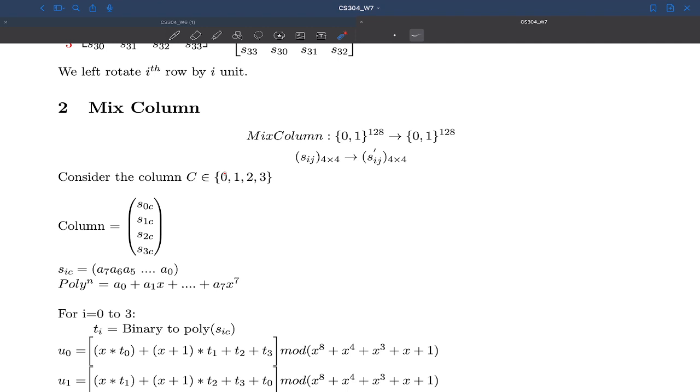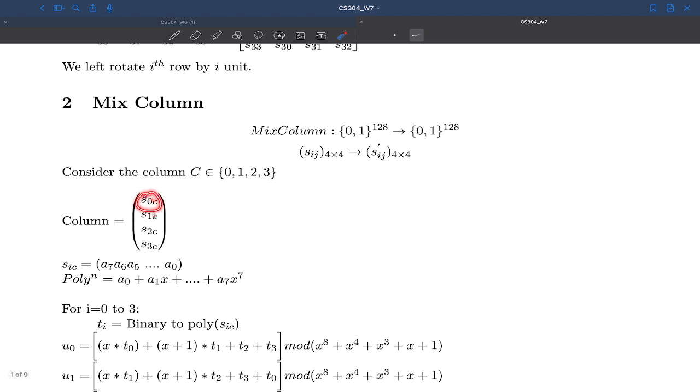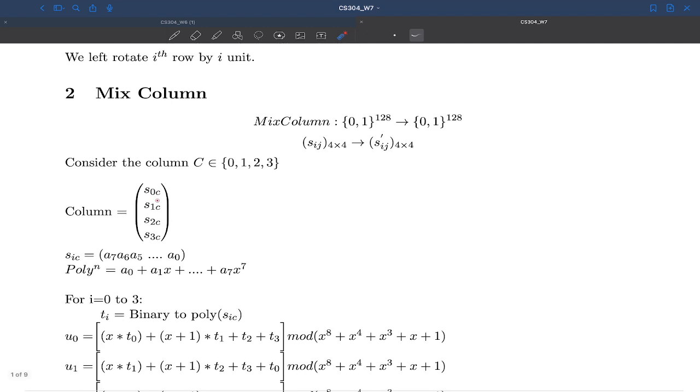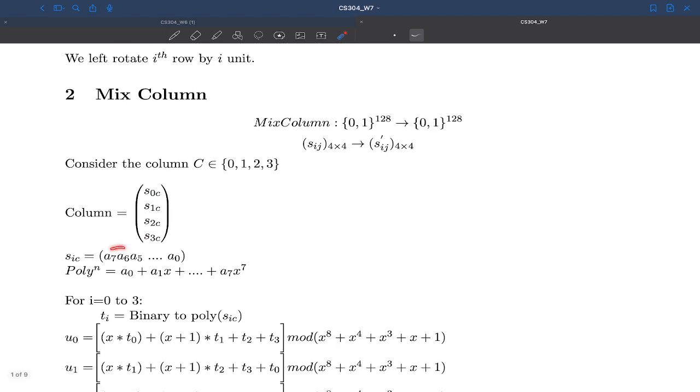So how to transform a column? Let's discuss. Since the entries in my matrix are in binary form, they have some bits. First convert this binary string into a polynomial. You know how to convert a binary string to a polynomial, right?